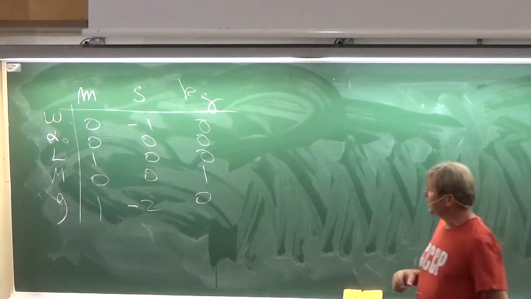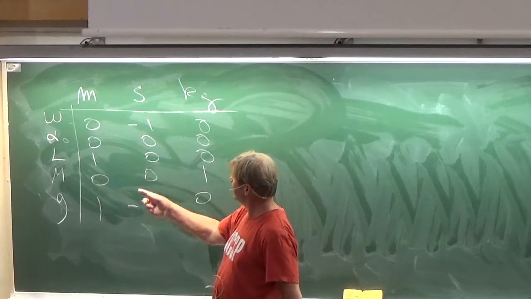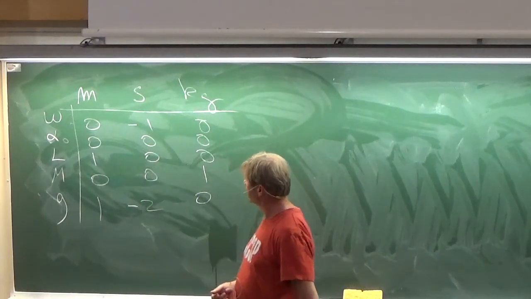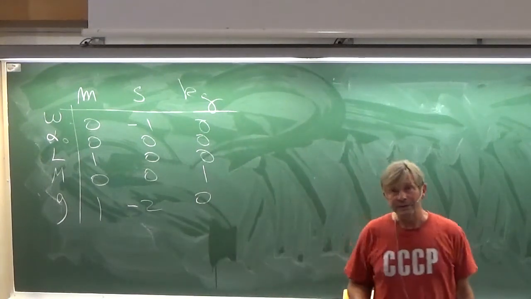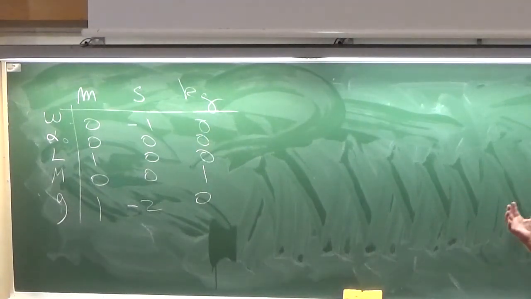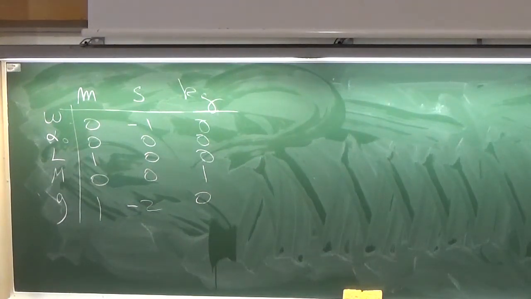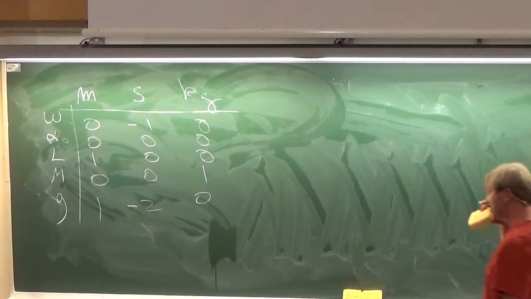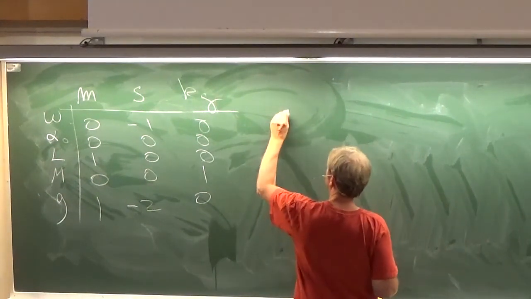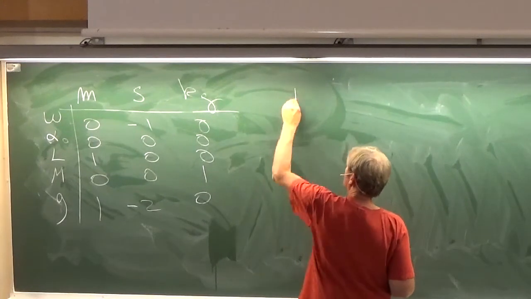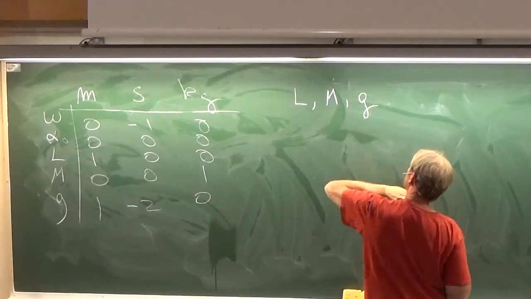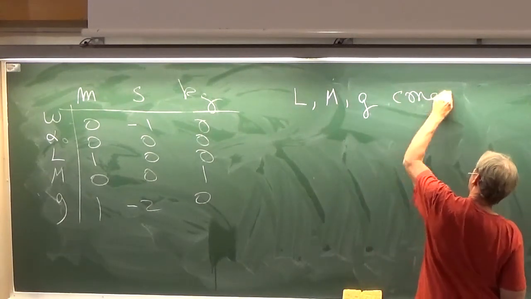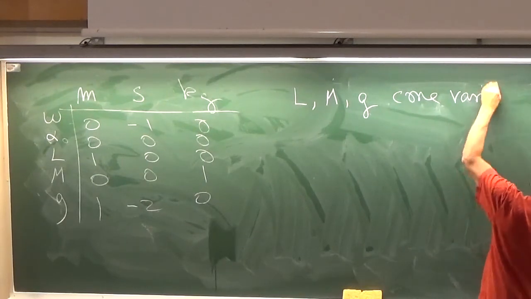So we can choose, for instance, the first one, the third one, and we see we need to have mass also as a core variable because the row space is three-dimensional. So why not have L, M, and G as core variables.